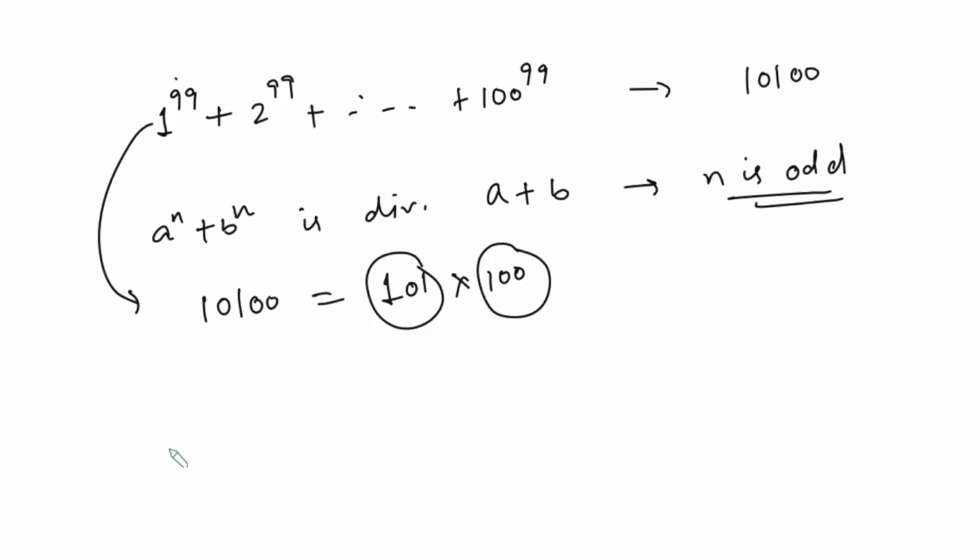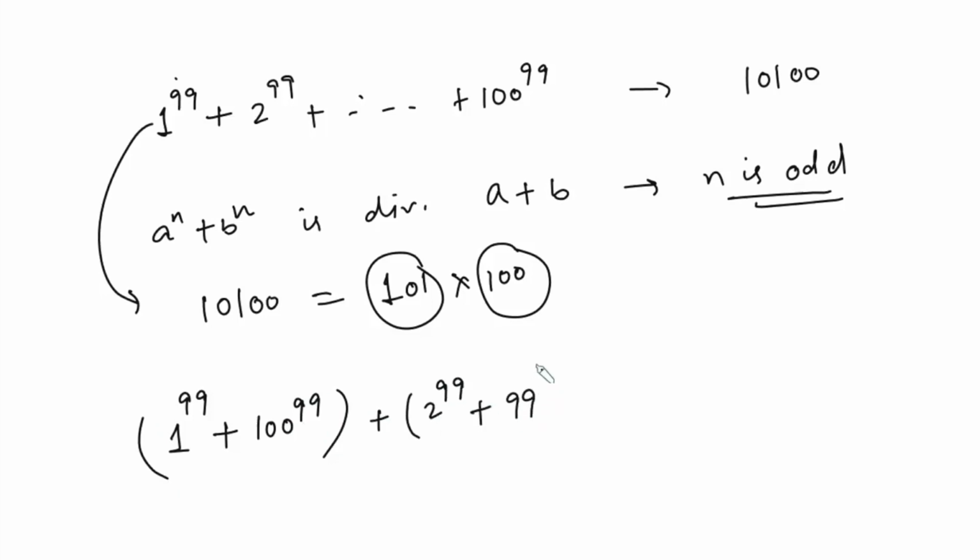So let's do it. We can regroup the terms as 1 raised to the power 99 plus 100 raised to the power 99 plus 2 raised to the power 99 plus 99 raised to the power 99 and so on, right? So here each group is in the form of a raised to the power n plus b raised to the power n.